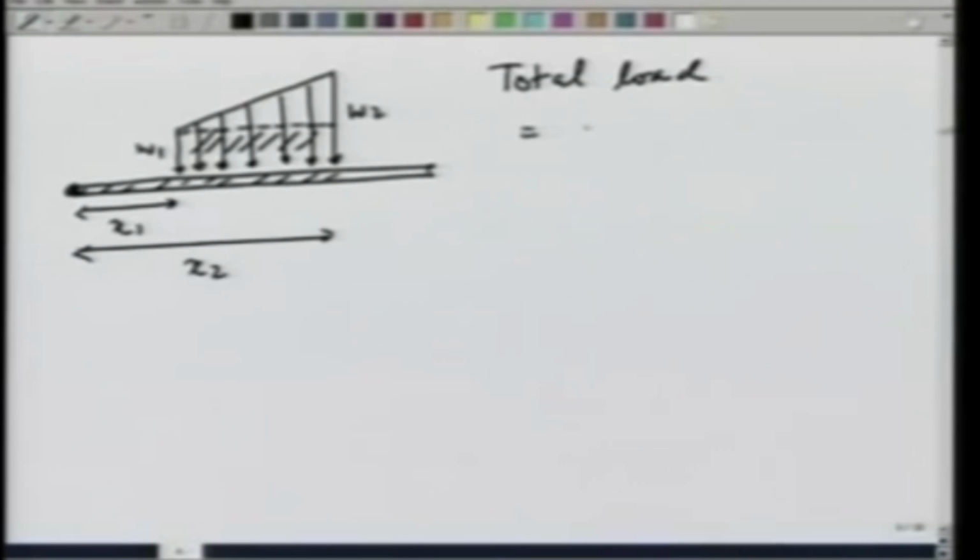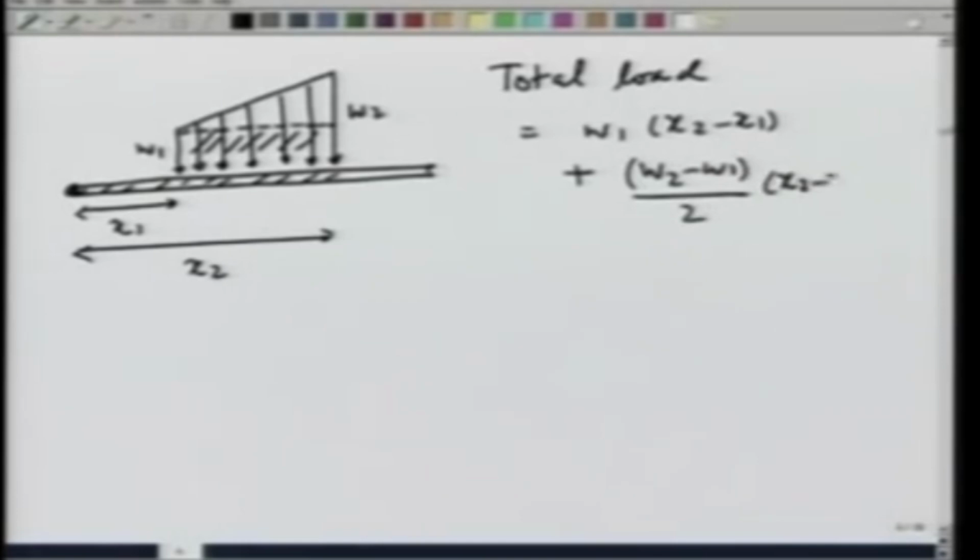So, the total area is going to be the area of the rectangle, which is W1 (x2 minus x1), plus the area of the triangle, which is (W2 minus W1) divided by 2 times (x2 minus x1), which comes out to be the area of the trapezoid, which is nothing but 1/2 (W1 plus W2) times (x2 minus x1). So, this is the net load which is working on this.